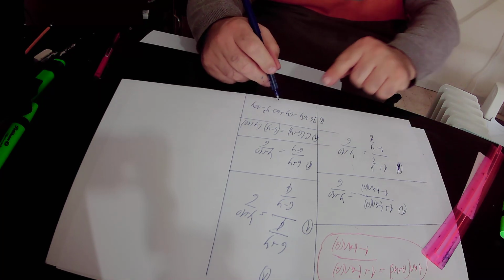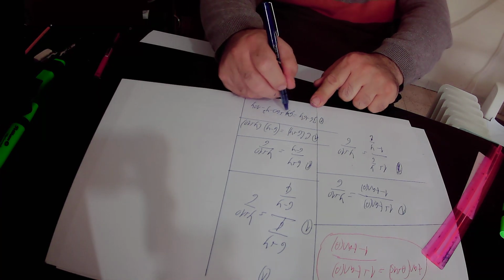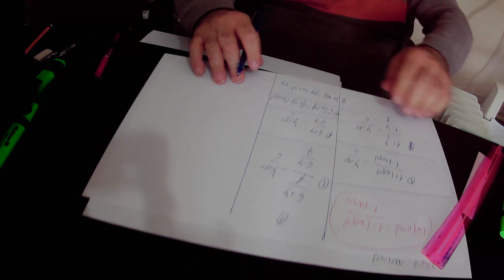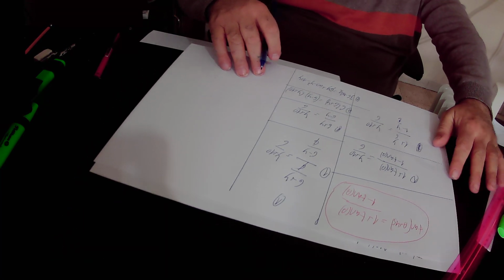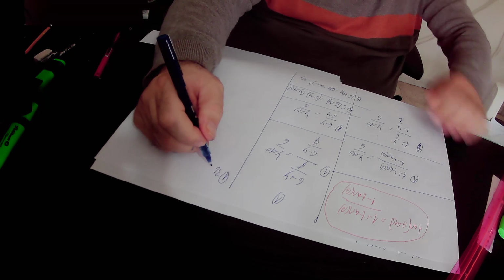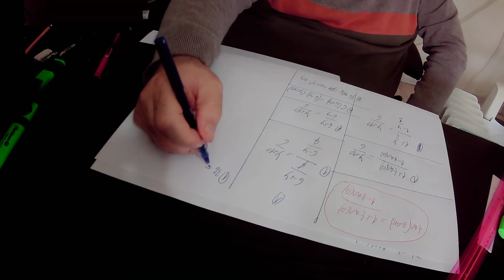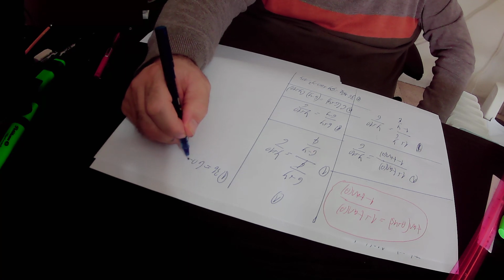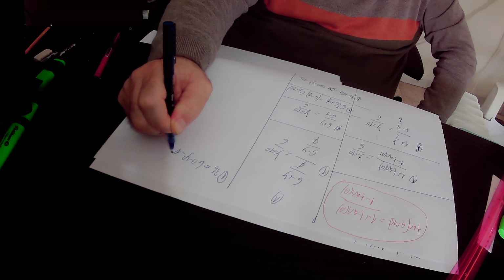Here we have 6y on both sides of the equation, so 6y will get cancelled. So what is left from equation number 1 after we cancelled 6y? On this side we have 36. On the other side we have 60 minus y squared minus 10y.